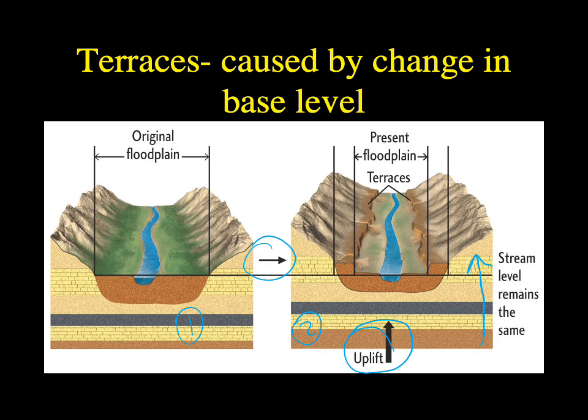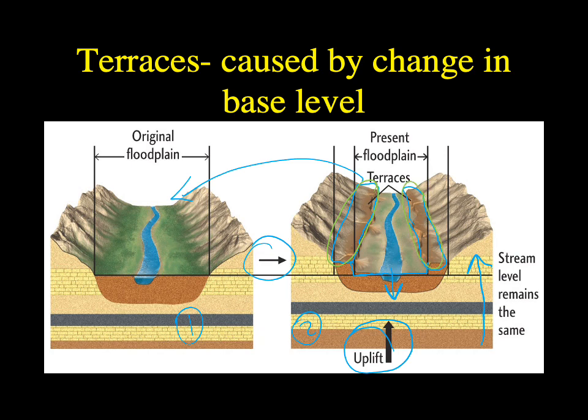The river now is at a higher elevation, but it wants to reach base level. So the river will start to cut down into its previous channel, and it will abandon its old floodplain. This is the old floodplain that the river was working on over here. Now it's making a new floodplain, but notice it's at a lower level. These old, abandoned floodplains up here, we call terraces.